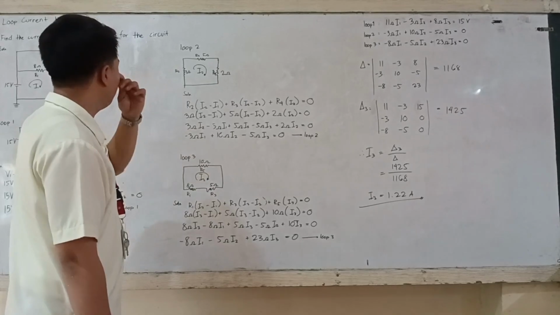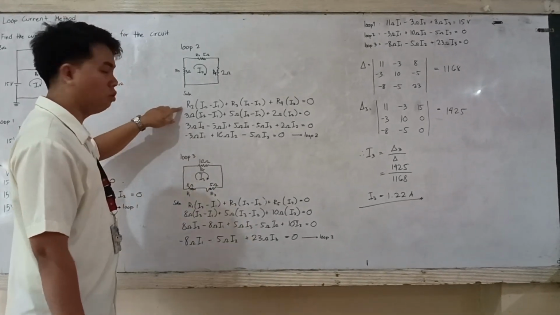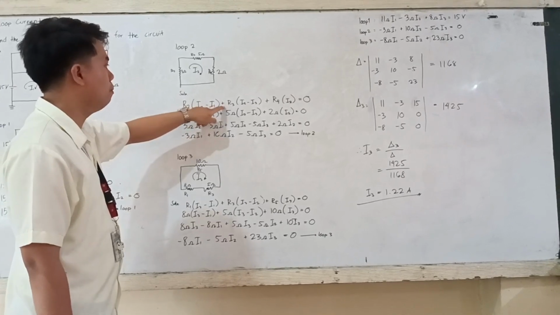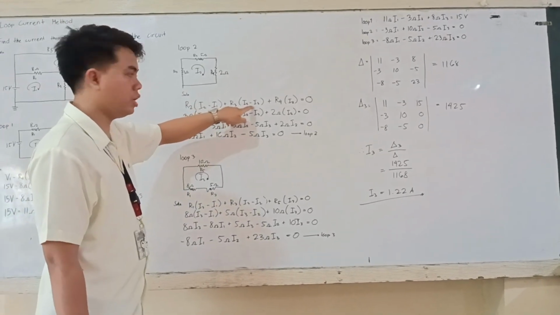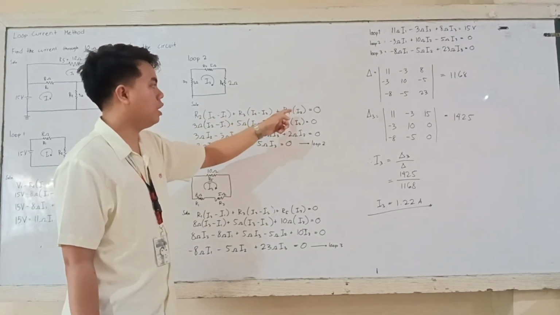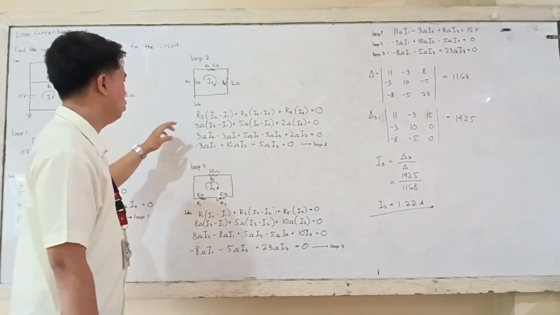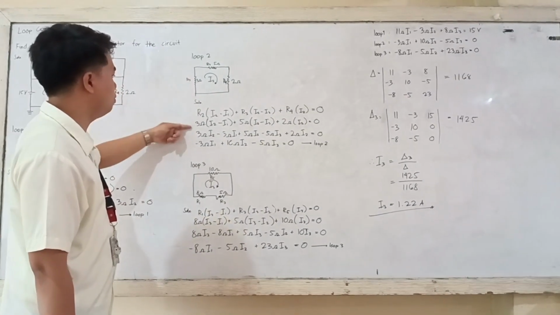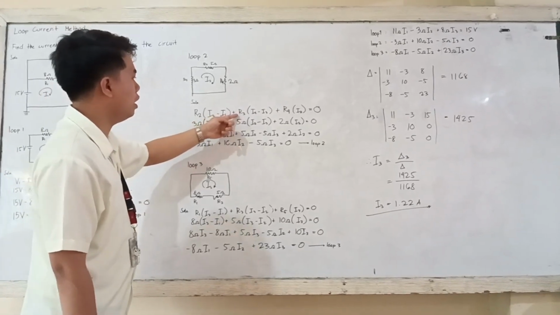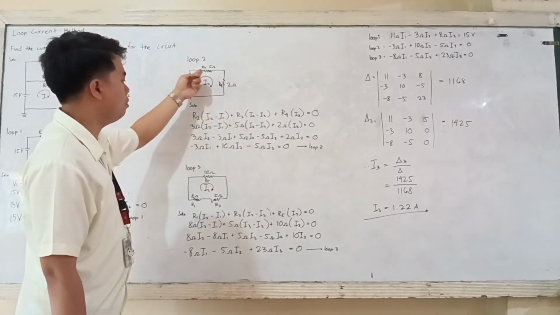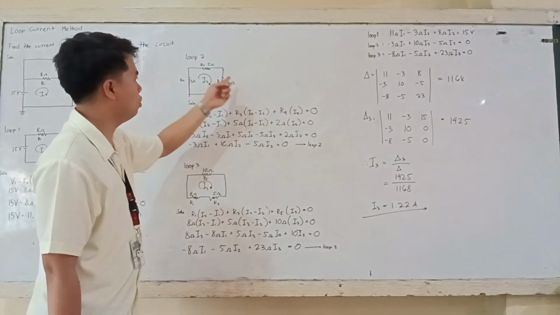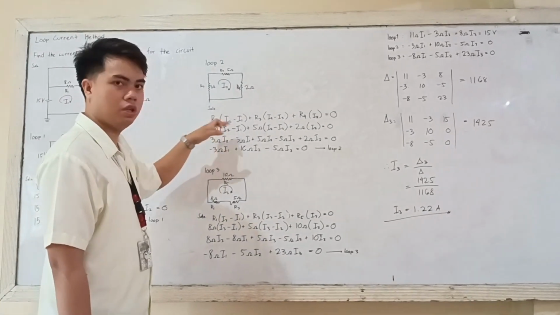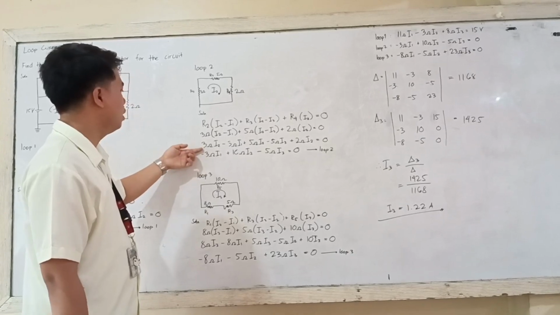From our loop 2, we can solve using R2 quantity I2 minus I1, plus R3 quantity I2 minus I3, plus R4 I2. Since our R2 is 3 ohms, our R3 is 5 ohms, and our R4 is 2 ohms, we will substitute the given.